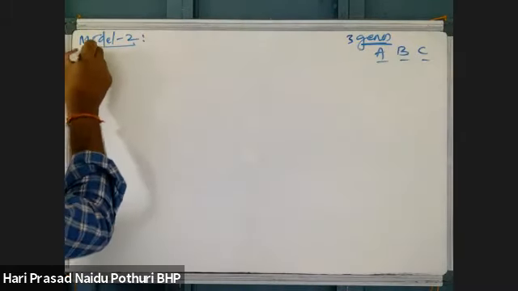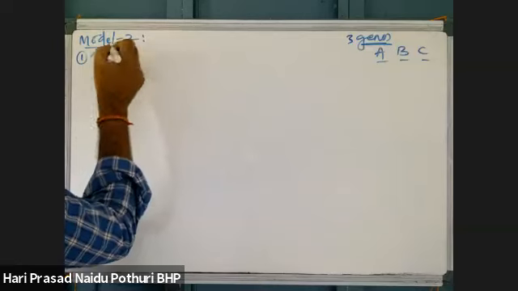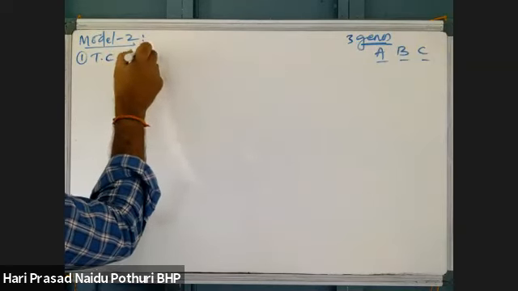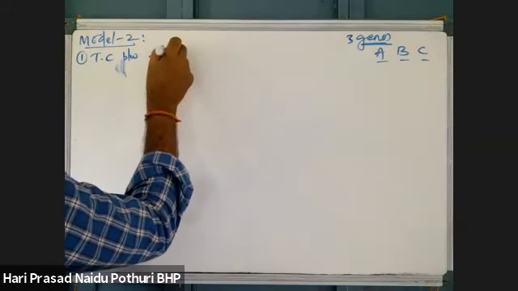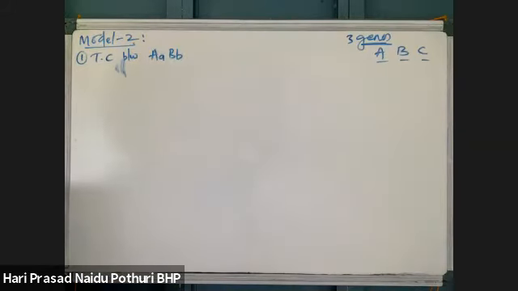First experiment he conducted was a test cross. TC means test cross, between capital A small a, capital B small b.